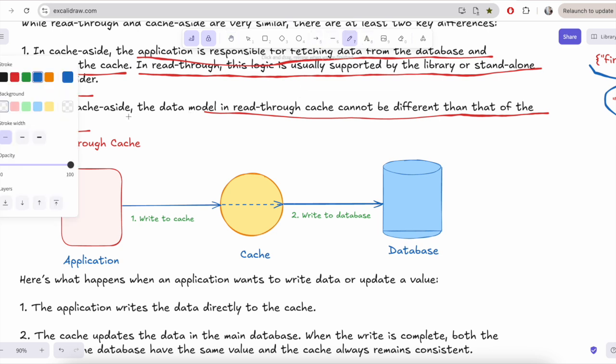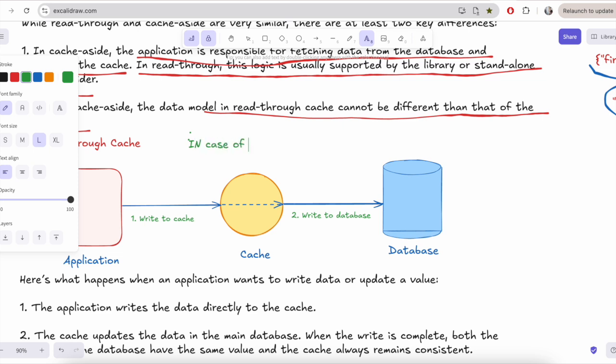So in case of read through cache, your data should be the same in the schema as the DB.